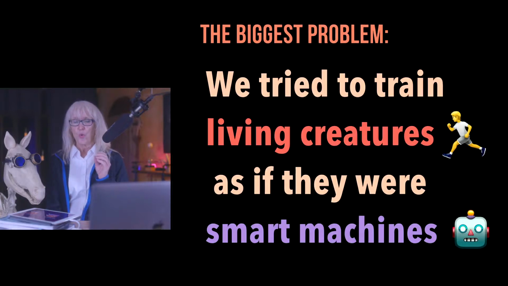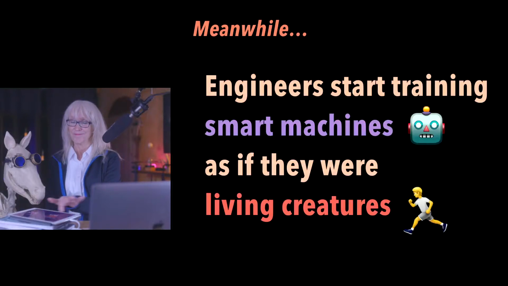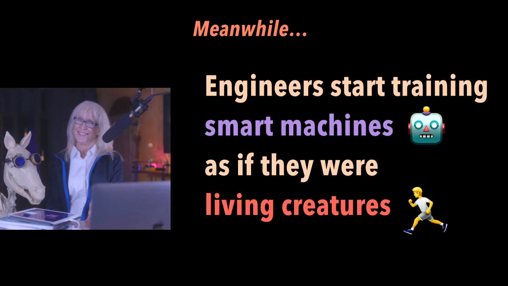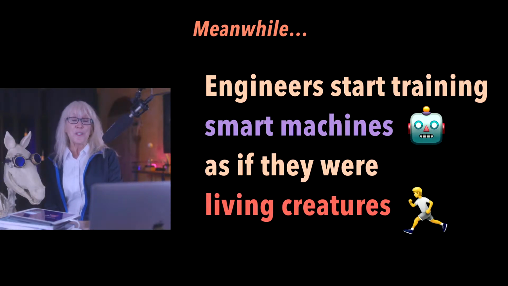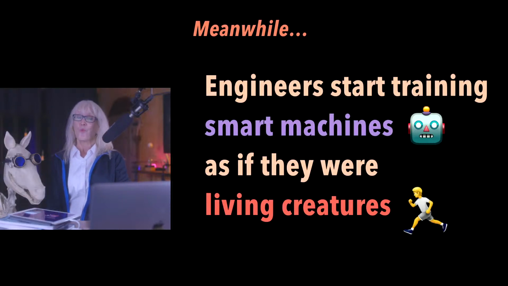But here's the thing. We were trying to train humans and horses for the last 50 or 60 years as if they were smart machines. And we'll take a little detour to look at why that happened. But here's where it's strange, because while we were doing that, more recently, the really smart engineers were looking to train smart machines by studying what living creatures in nature were doing.